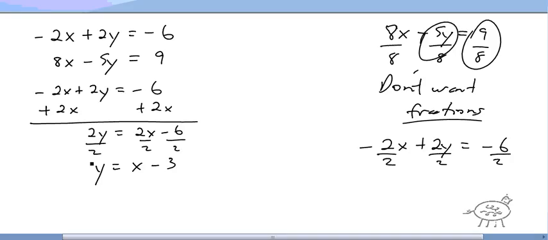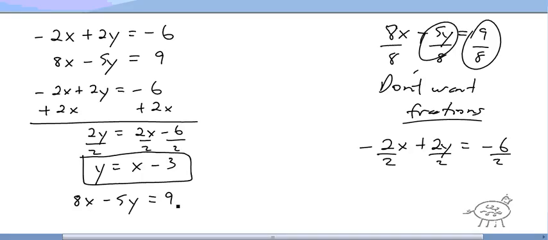Okay, so now just like the first two problems I did, I have one equation that's solved, and here's my other equation, 8x minus 5y equals 9. And then I am going to substitute that y for that y. So if I write that out, I'm going to get 8x minus 5 times y. Well, again, y is x minus 3.